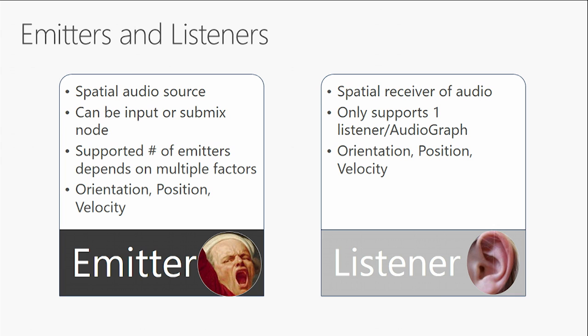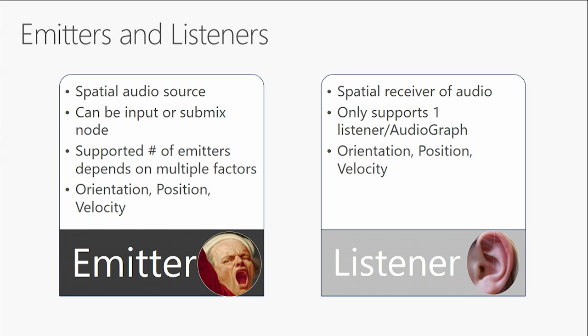The number of emitters that are supported in your application will depend on multiple factors. Some devices are more powerful than others, and on the more powerful devices you will have more sounds that you can spatialize. An emitter can have an orientation, it can have a position in space, and it can have a velocity at which it travels.